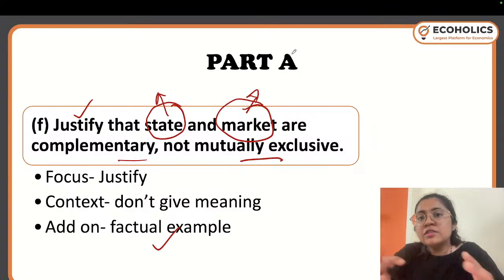Okay, so although it is an easy question, you will take time to think on how to develop your answer.